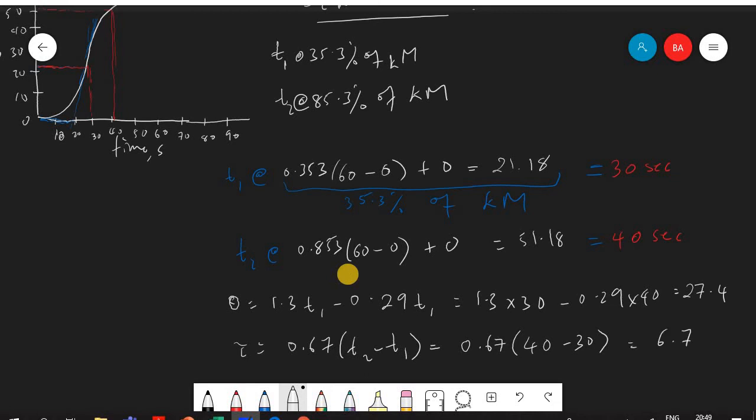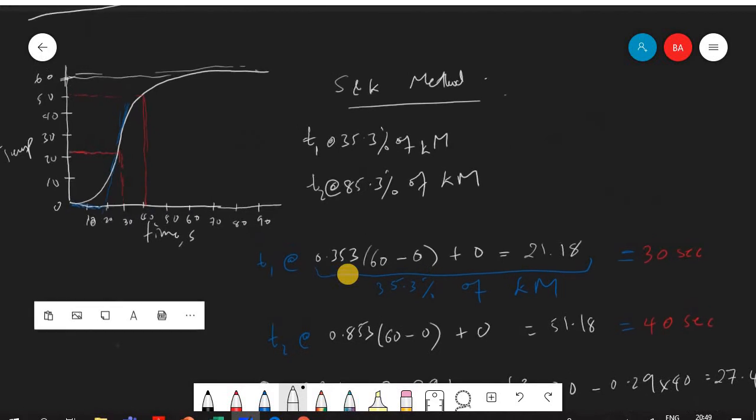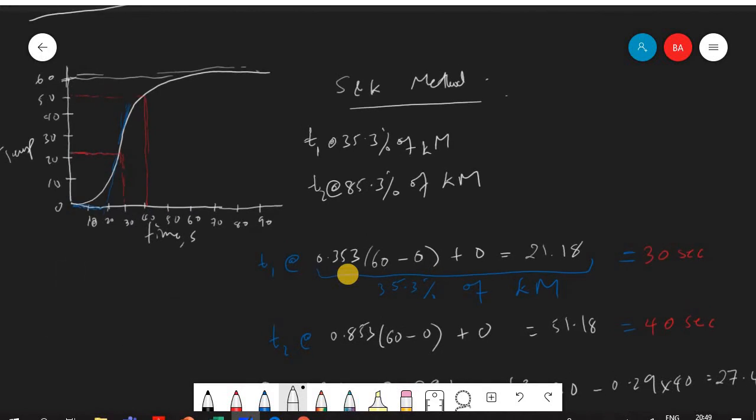So my tau here will be 6.7. The numbers look like they should be the other way around, but it looks like we have a big time delay, and my tau constant looks like 6.7 because I had a very sharp change here. It just goes up, really spiking up, and maybe that is the reason that it reaches 63.2% really quickly there.